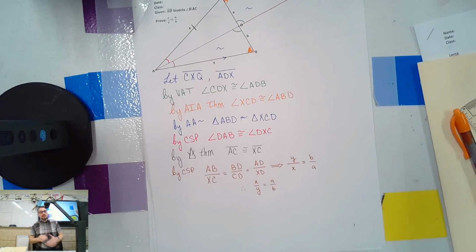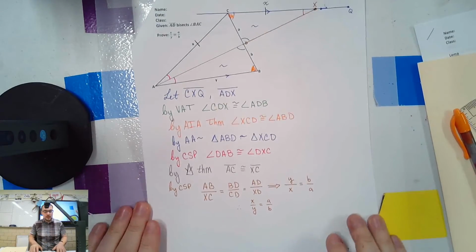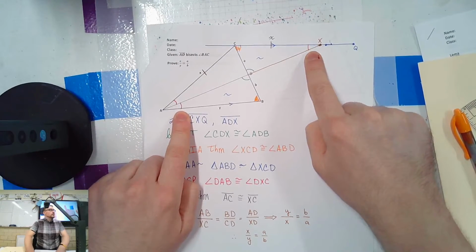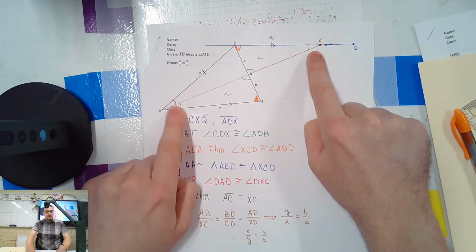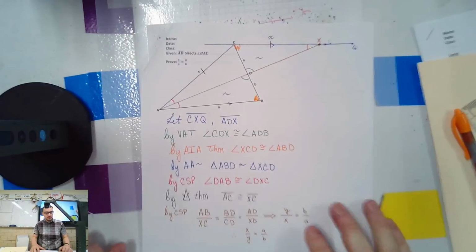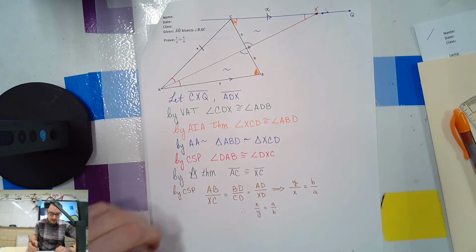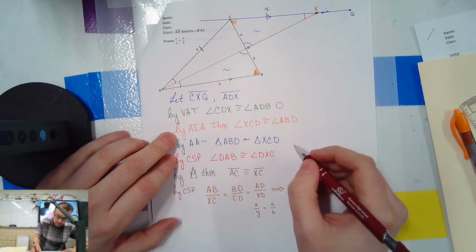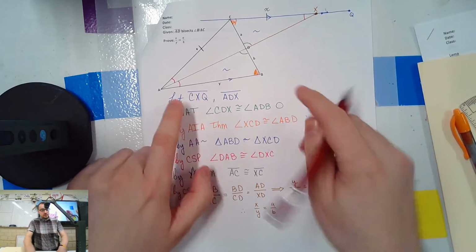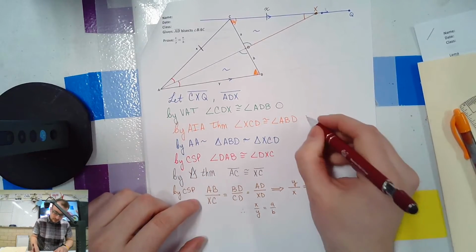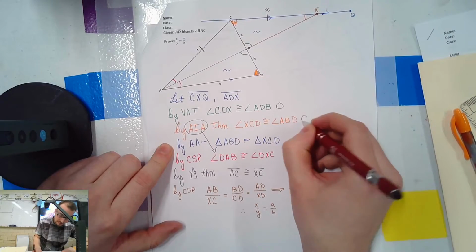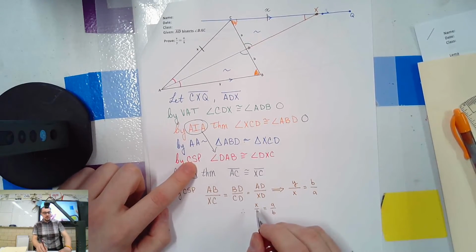Now, we talked about how to make this proof a lot shorter, right? What you do is you get these two angles right off the bat, alternate interior. And then you've got isosceles, and then you're good. So we didn't need this. We were going to use alternate interior for these guys, the red angles, instead of using CSP.